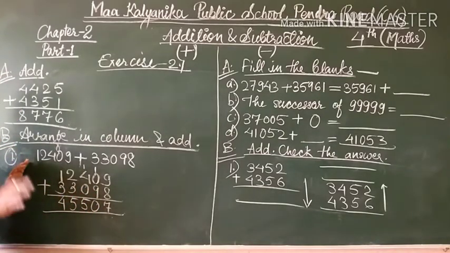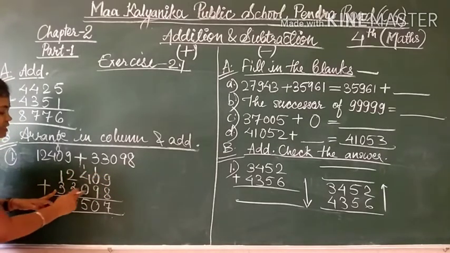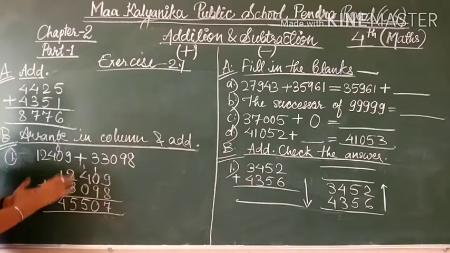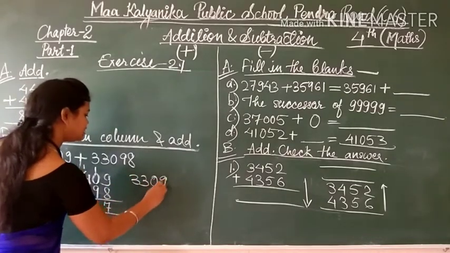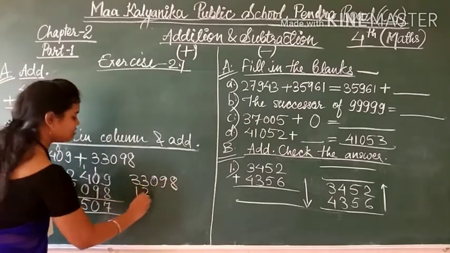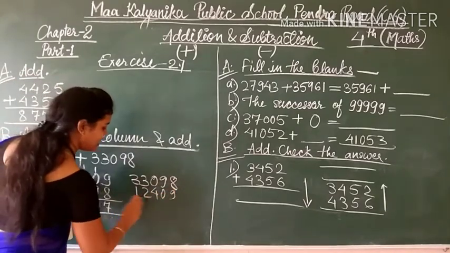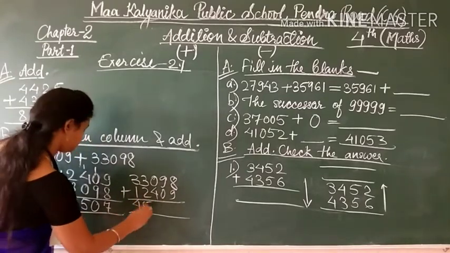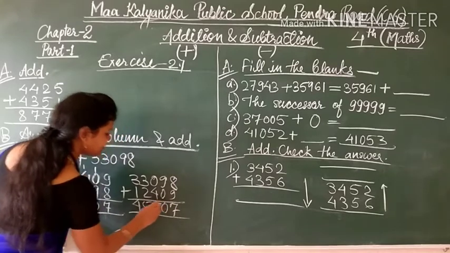Once again I am telling you the same thing. If you write 12,409 plus 33,098, you get this answer. But if you change the order and write 33,098 plus 12,409, you will receive the same answer, 45,507.